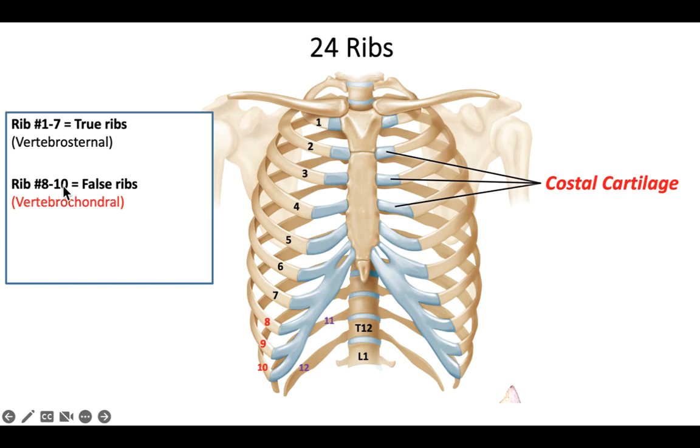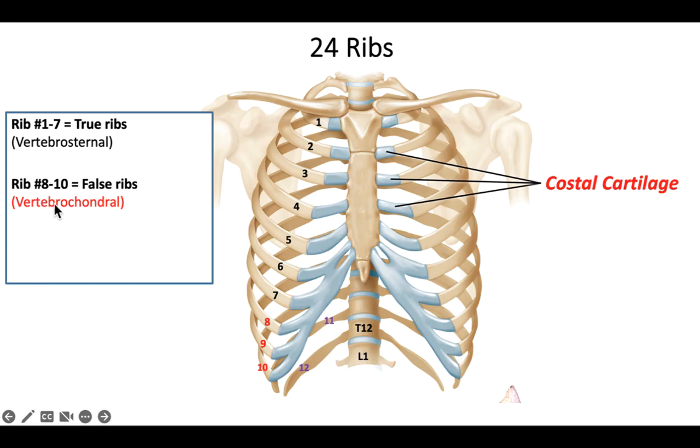For 8, 9, and 10, they're known as vertebrochondral, because one end attaches to vertebrae, the other end attaches to 7's cartilage. So notice 10, 9, and 8, their costal cartilage attaches to 7's, and then 7's attaches to the sternum.